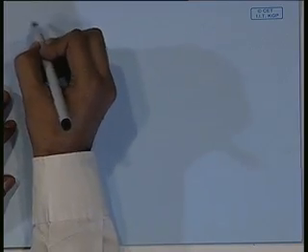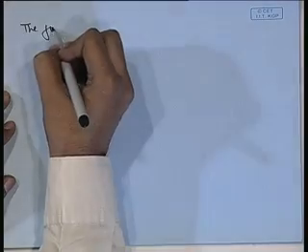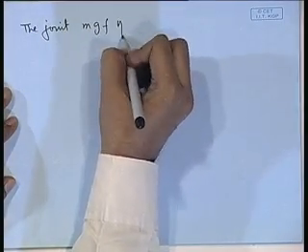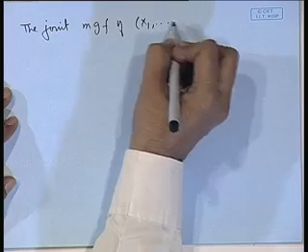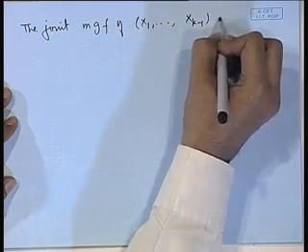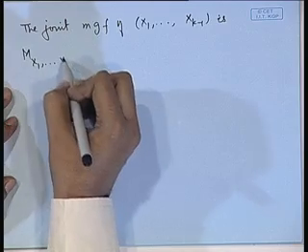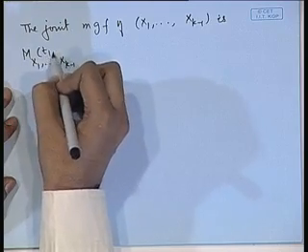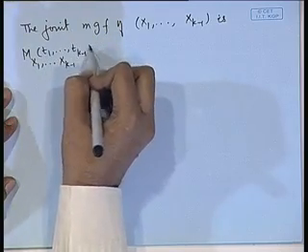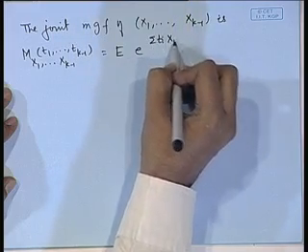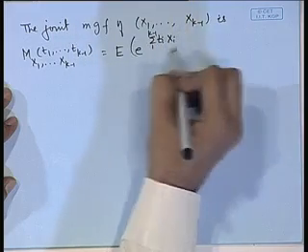Now, from a multinomial distribution, we can consider the joint MGF, the joint moment generating function of X1, X2, up to Xk minus 1, evaluated at the point t1, t2, up to tk minus 1, that is the expectation of e to the power sigma ti Xi from 1 to k minus 1.